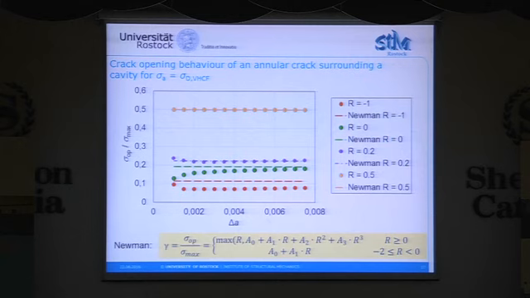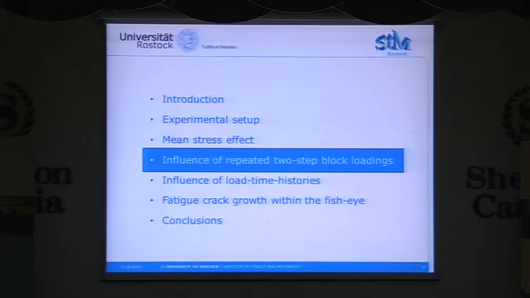We also have shown the comparison with the analytical solution of Newman, and you can see that it fits our results very well. Only in this case for an R ratio of -1 and here for R of 0, there's a little bit of difference. So these are first hints for us to go further with these results to explain these mean stress effects.